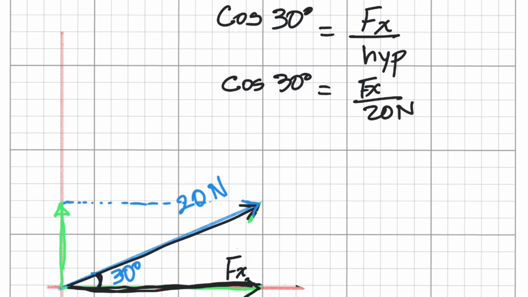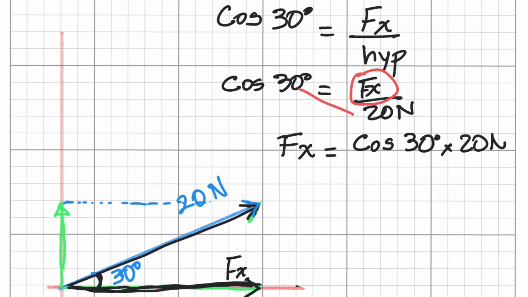So all that we have to do to figure out the value of this x component is to multiply these two, right? So the x component of the vector force is going to be equal to cosine of 30 times 20 newtons.